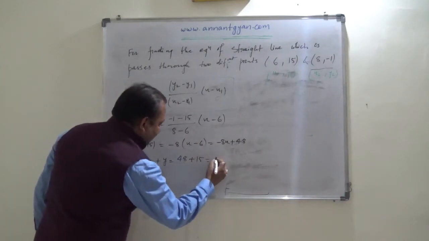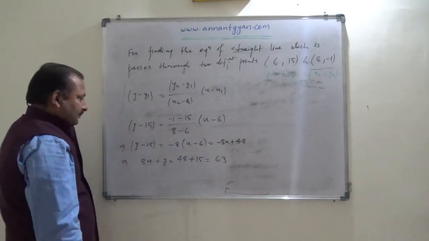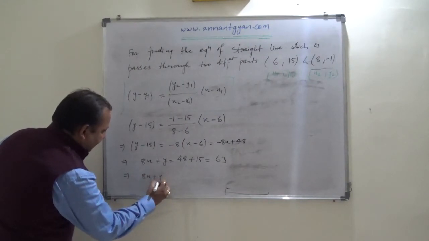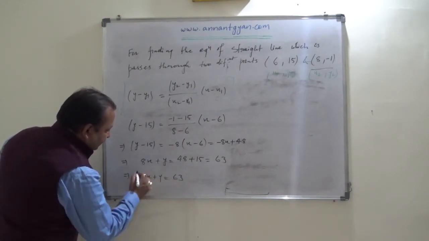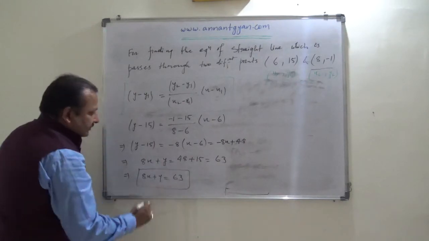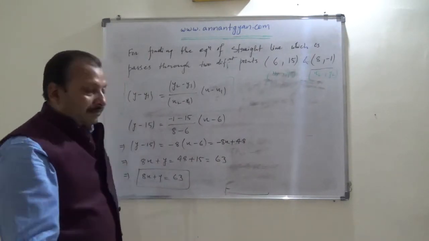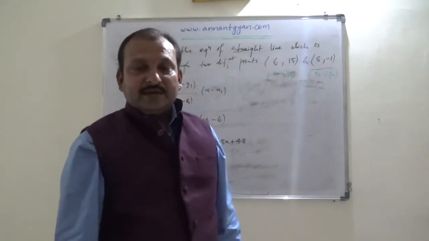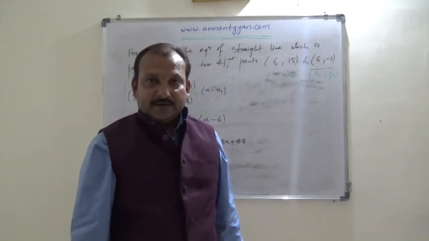So finally we shall get 63. So 8x plus y is equal to 63. This is the method which we are using to get the equation of a straight line.